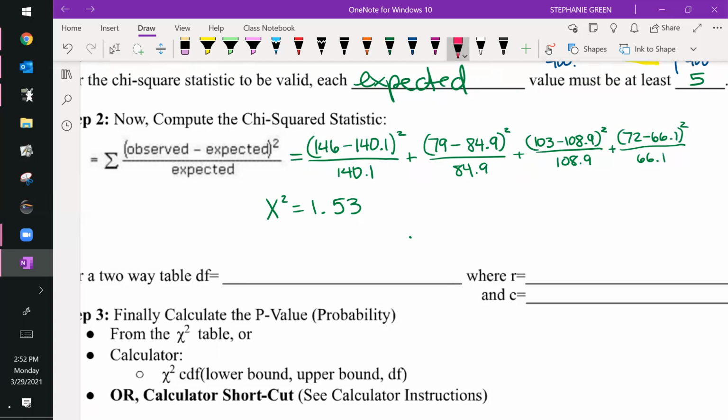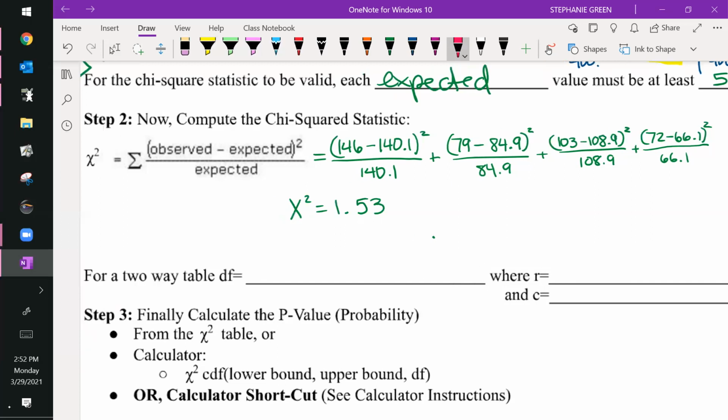Next thing here, as we talked about in the last section, chi-square distributions are different for each number of degrees of freedom. The degrees of freedom, when you have a two-way table, is always equal to R minus 1 times C minus 1, where R is the number of rows in our two-way table, and C is the number of columns.